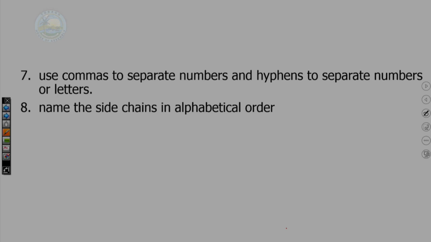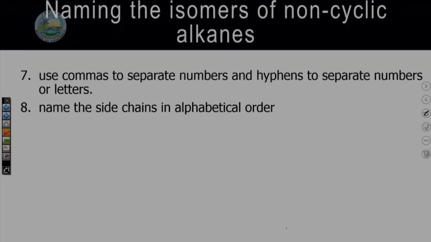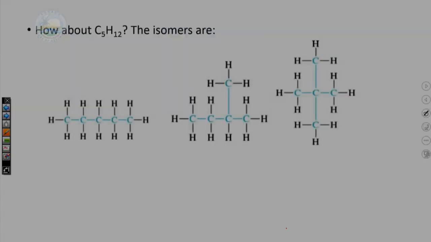And you name the side chains in alphabetical order. That's when we get more complex compounds, and that's where we're going to have to put this in practice. So this is where we can now apply how we name these compounds.